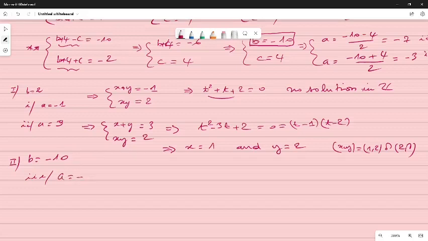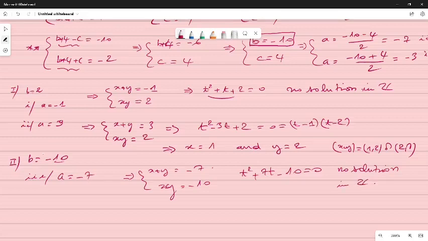This implies that x plus y equals minus 7 and xy equals minus 10, and x and y are solutions to t squared plus 7t minus 10. This equation has no integer solution.